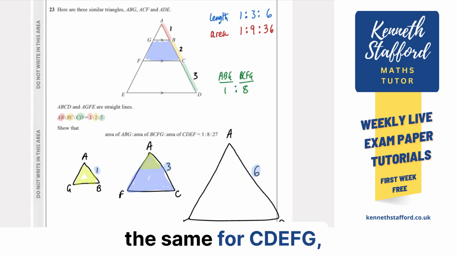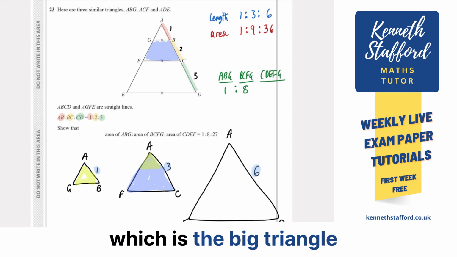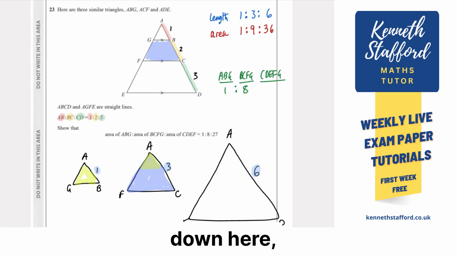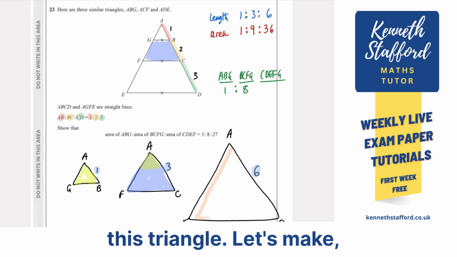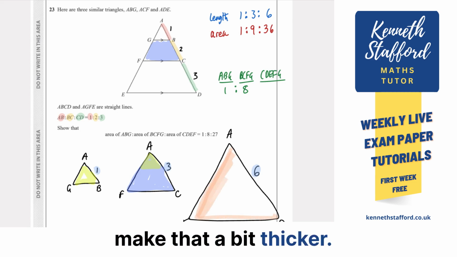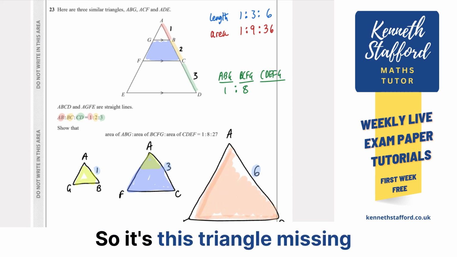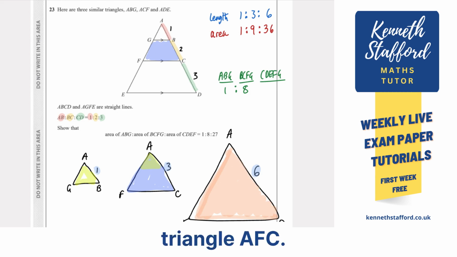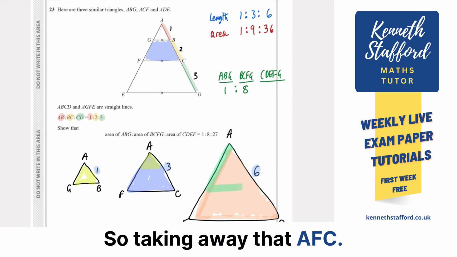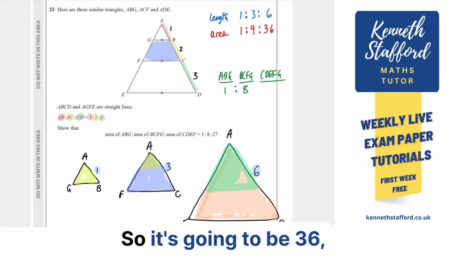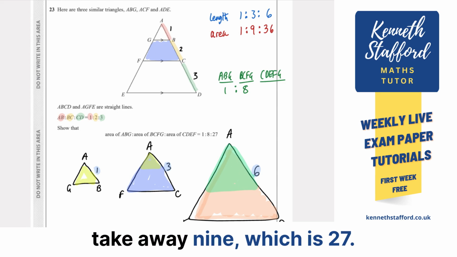And we're now going to do the same for CDEFG, which is the big triangle down here. Let's use a different color. It's this triangle. Let's make that a bit thicker. So it's this triangle missing triangle AFC. So taking away that AFC. So it's going to be 36, take away 9, which is 27.